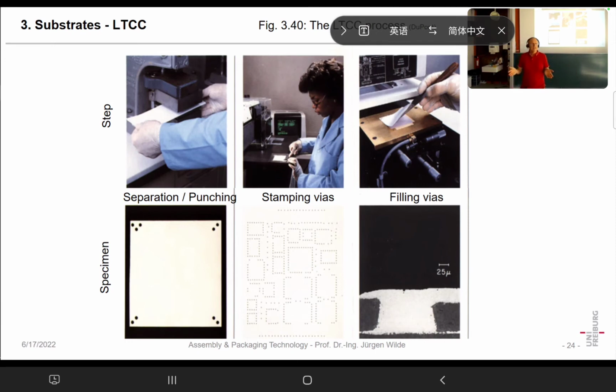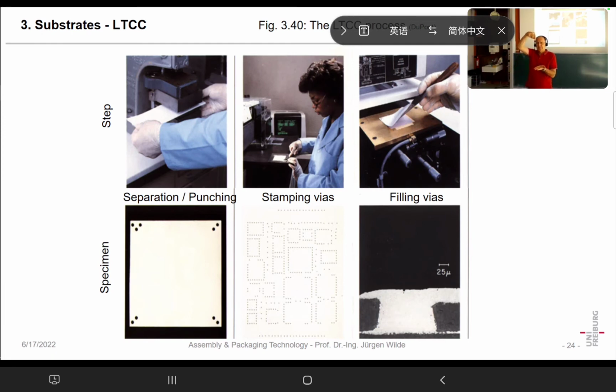Then it is cut out to a certain size, and every sheet also gets these holes for the pins to hold it. In the next step, there is the stamping of the vias. You must imagine that a little like a sewing machine.